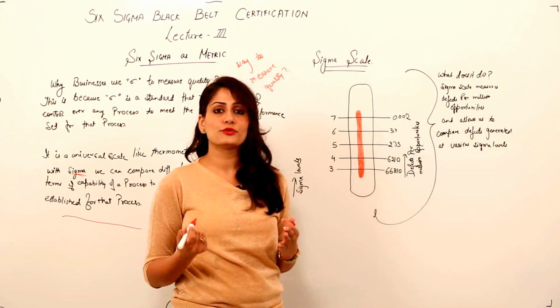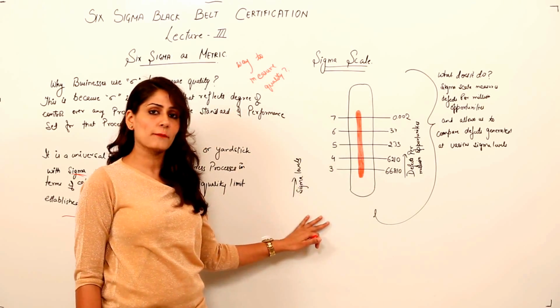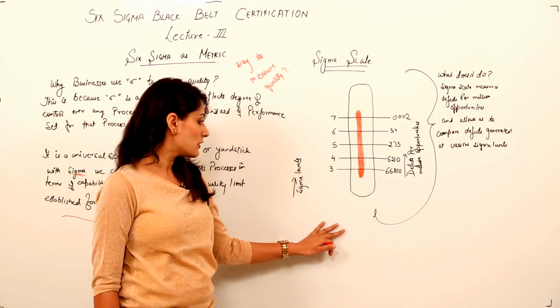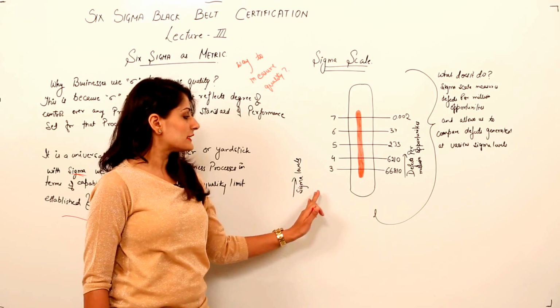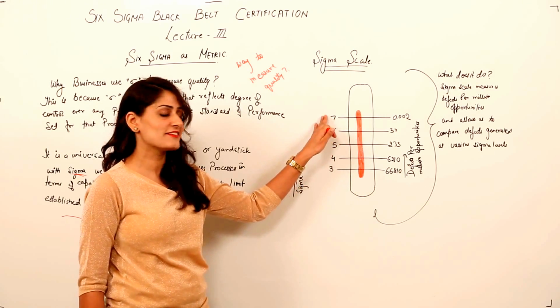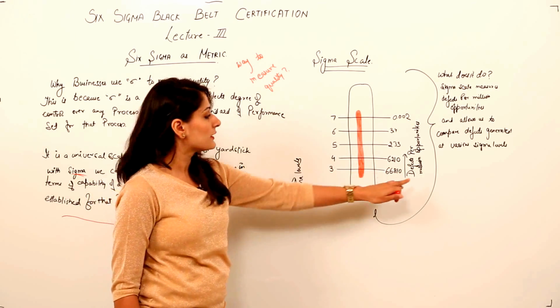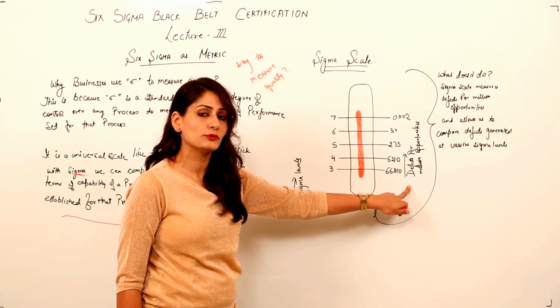Now, let me introduce you to the sigma scale. If you can see this diagram, it looks a lot like a thermometer. On my left-hand side, these are sigma levels, which you can see 3, 4, 5, 6 and 7, and on my right are defects generated in these levels, the defects generated per million opportunities.